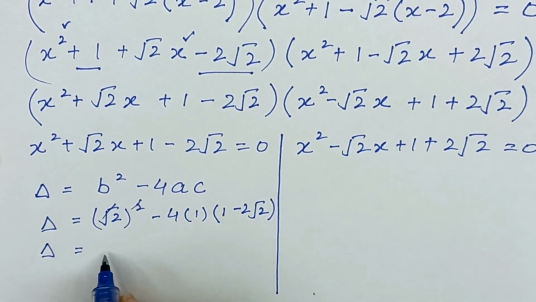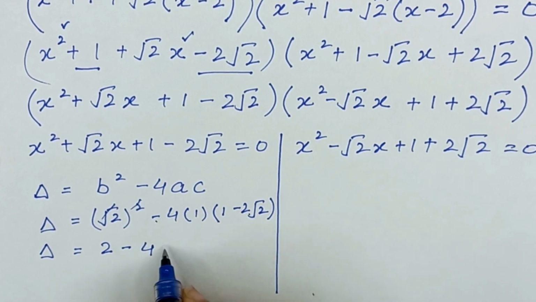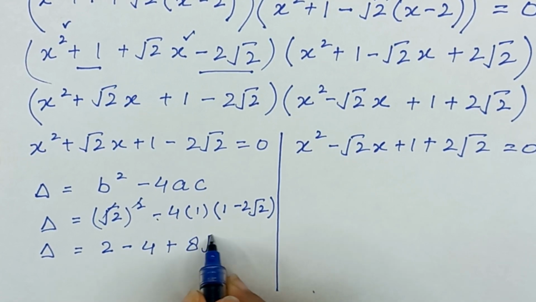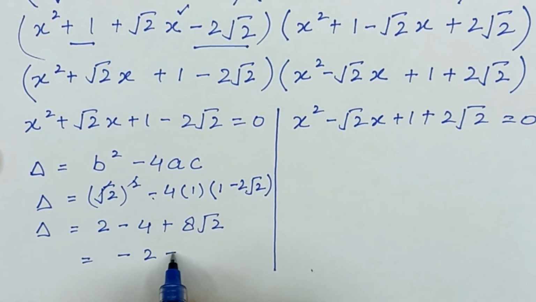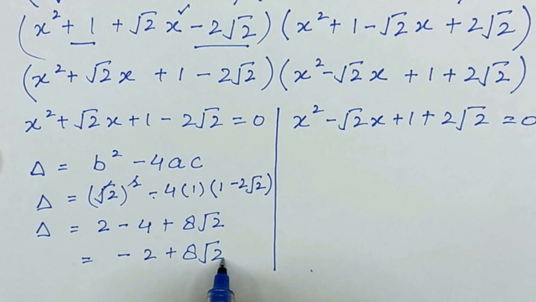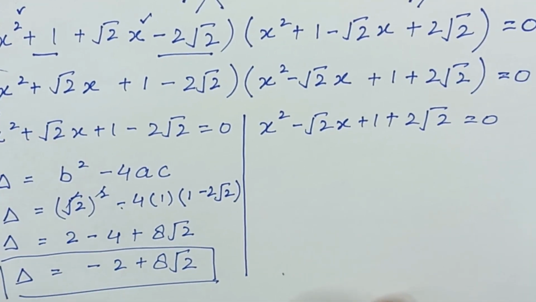So it will be 2, it will become negative 4 and it will be plus 8 square root of 2, and it can also be written as negative 2 plus 8 times square root of 2. So its discriminant is negative 2 plus 8 square root of 2.